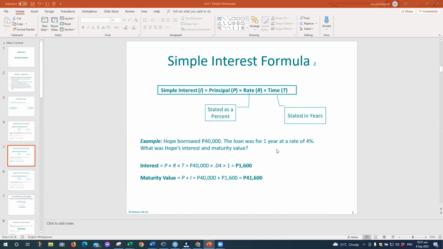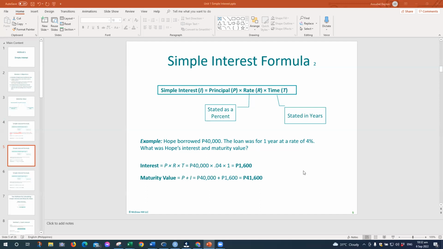Okay, so here what happened was the period was converted from 6 months to 1 year. So we just multiply this with 1, and you see here a doubling of the interest. Initially the interest was 800 because that was only half a year. For 1 year, it will be 1,600.